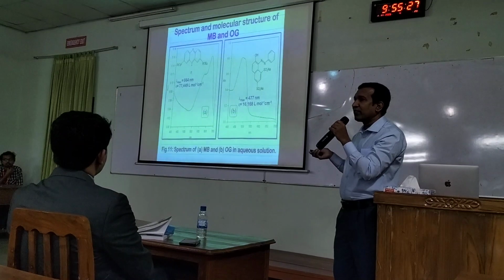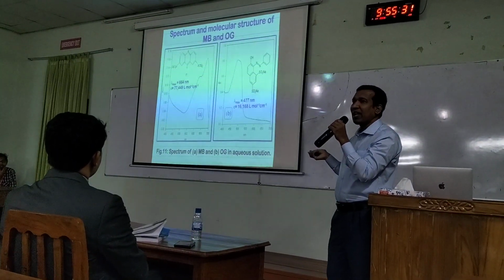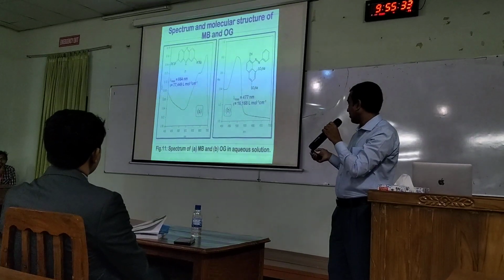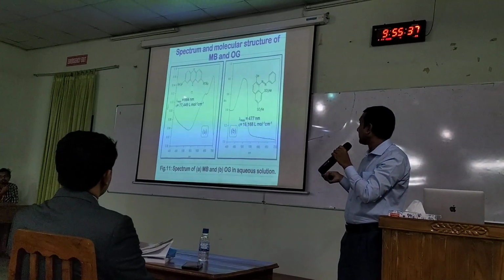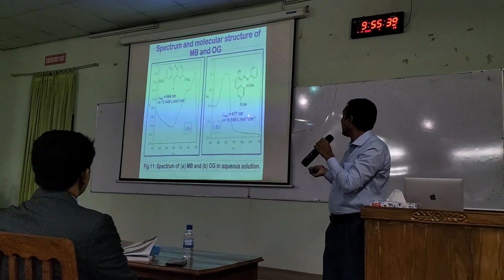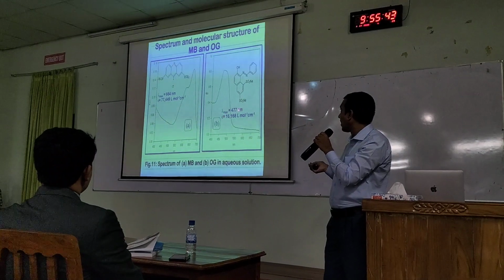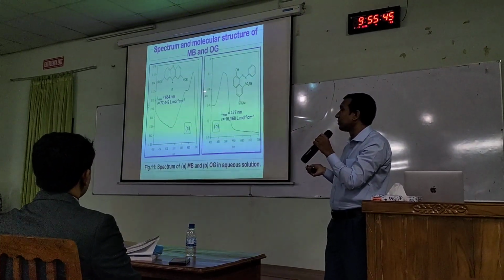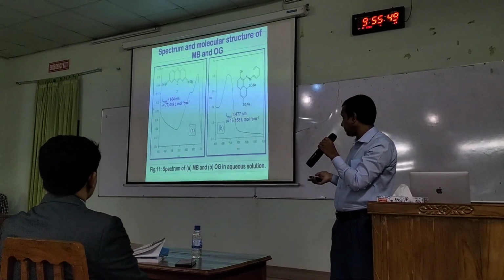Methylene blue is a cationic dye and orange green is a typical anionic dye, and methylene blue has a lambda max of 664, while in case of orange green it is 477.